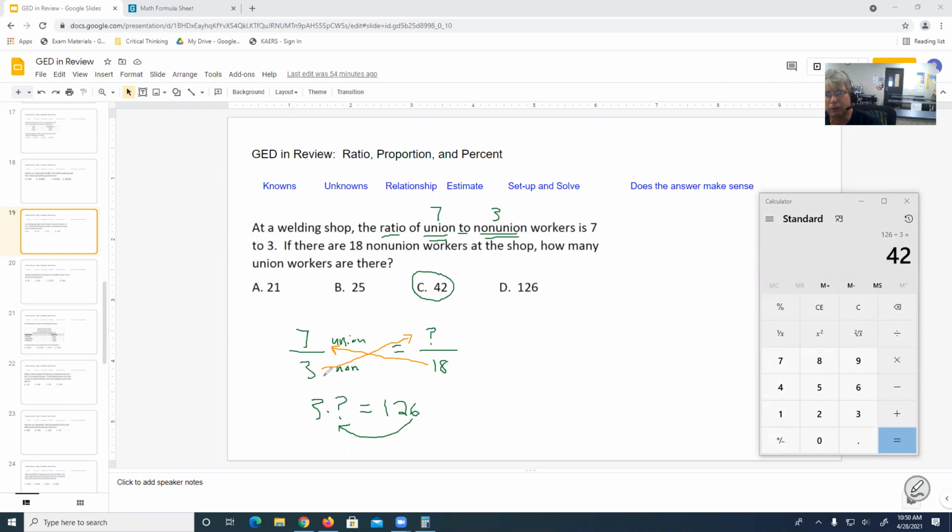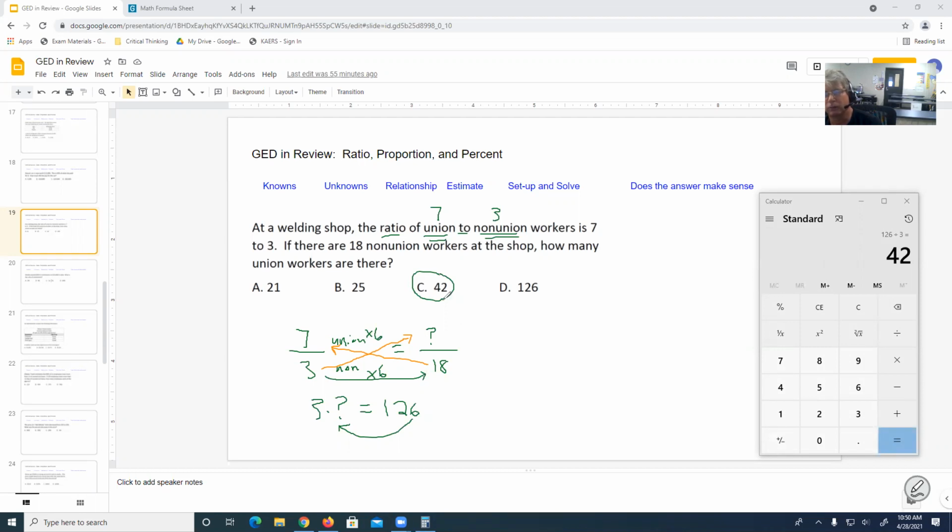Another thing I pick up on is, looking this direction, I can see that they increased the non-union by a factor of 6. And in fraction math, if you multiply the bottom by 6, you have to multiply the top by 6. So if I just multiply the 7 times the 6, seeing this pattern, that should also lead me to this 42.